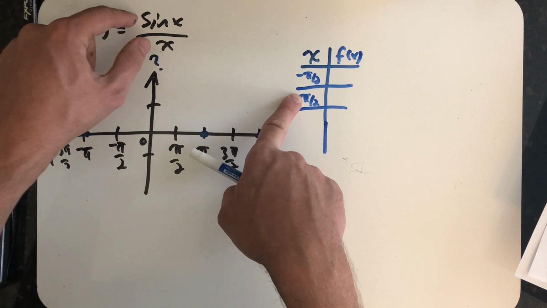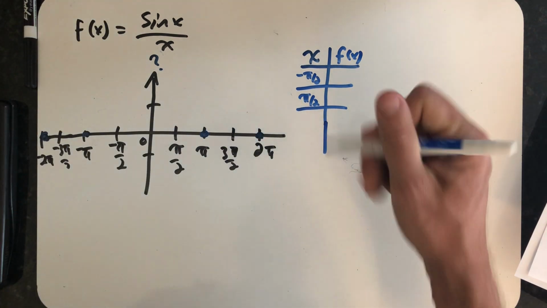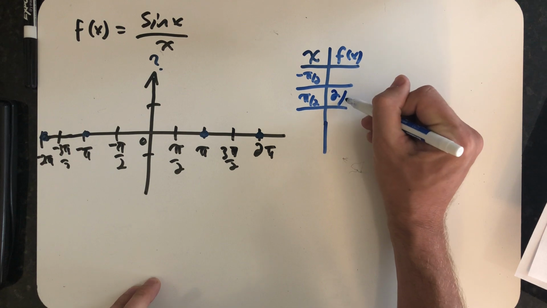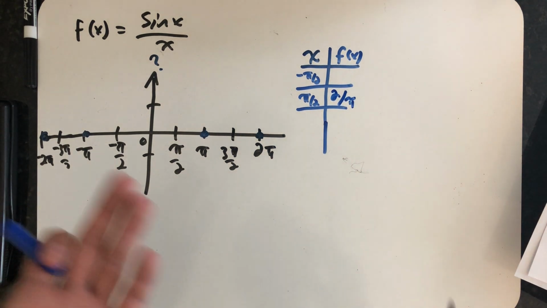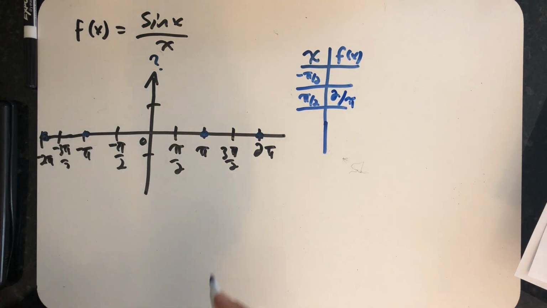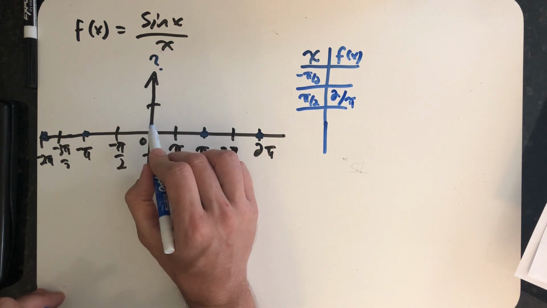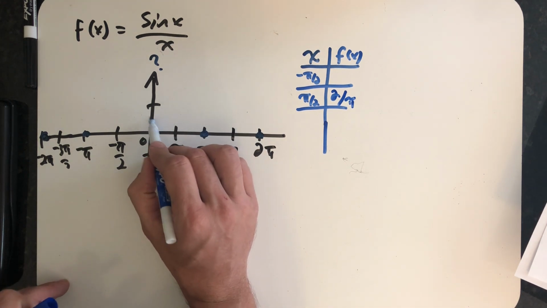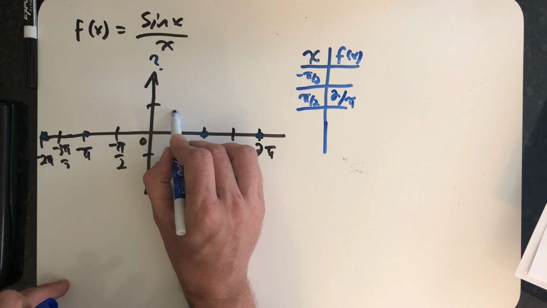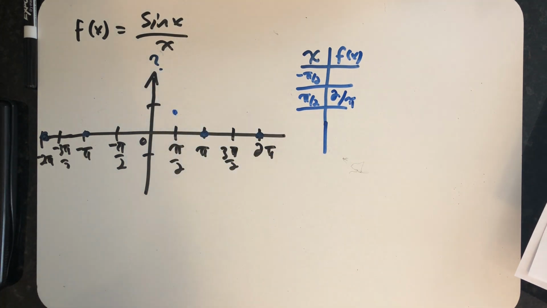Sine of pi halves is 1. On the bottom, I would get pi over 2, and that's actually going to end up being 2 over pi. So 2 divided by 3.14159 something something. I'm going to imagine that to be just about right there, somewhere just beneath 2/3.